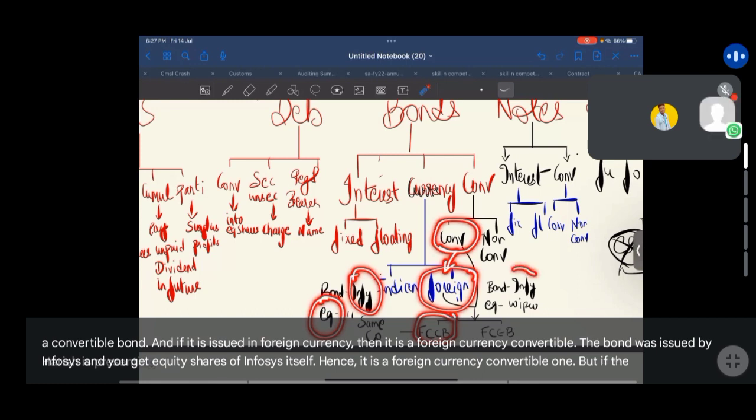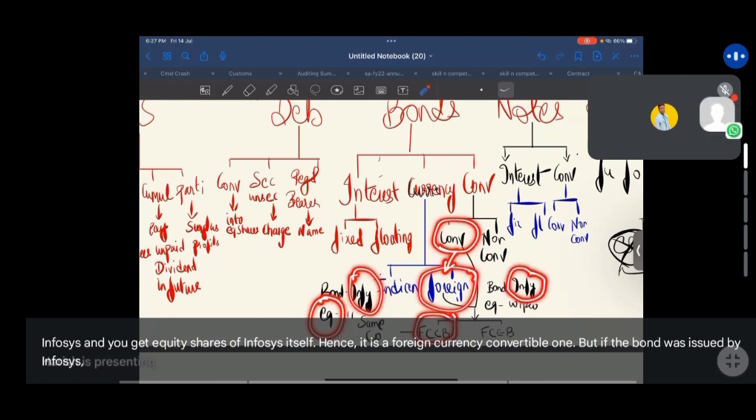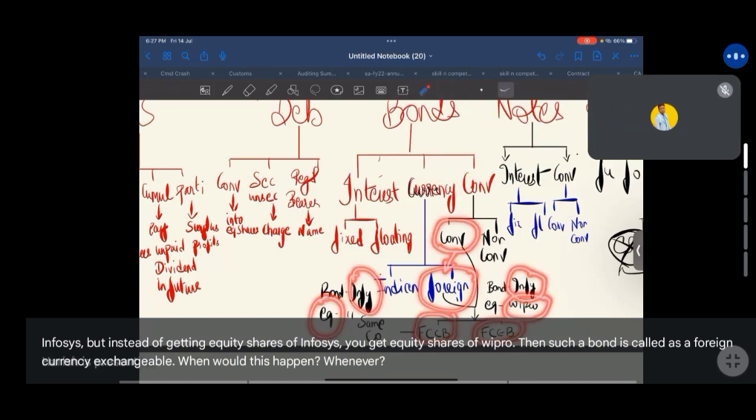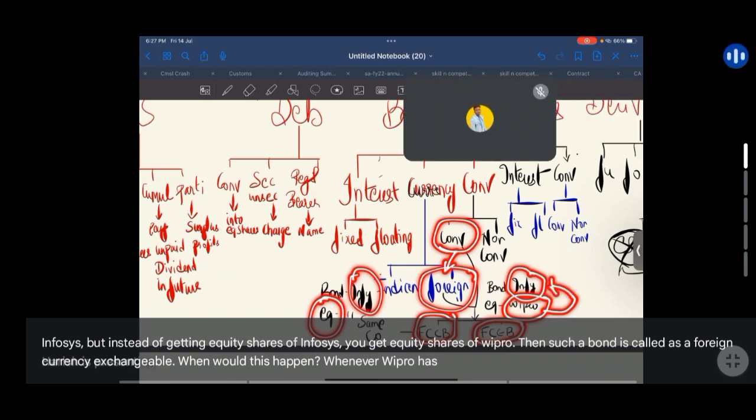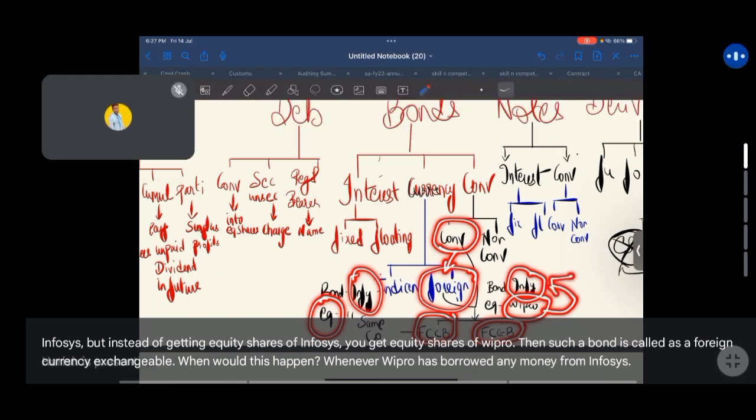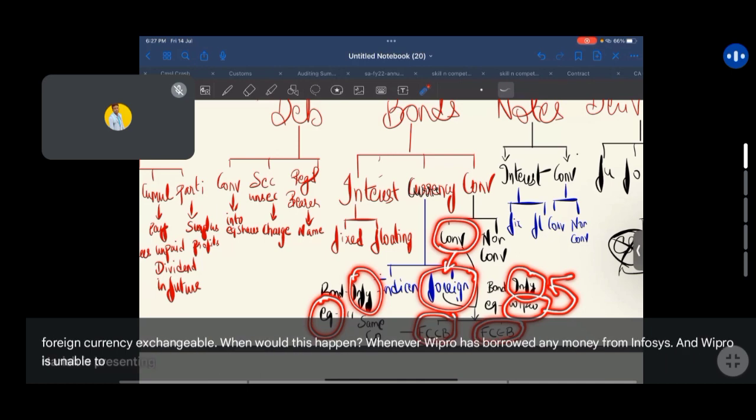But if the bond was issued by Infosys, but instead of getting equity shares of Infosys, you get equity shares of Wipro, then such a bond is called a foreign currency exchangeable bond. When would this happen? Whenever Wipro has borrowed money from Infosys and is unable to repay that loan, obviously Infosys is not going to just sit there and not receive that money.